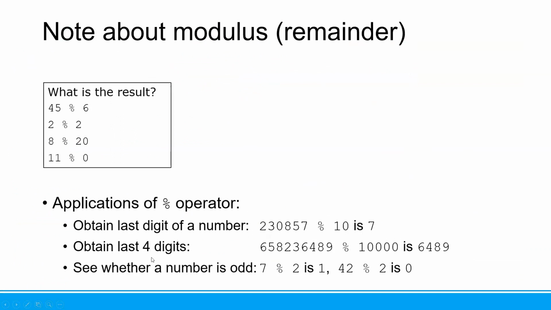If I want to get the last 4 digits, I can take this number remainder 10,000, so I will get this number. Or I want to know whether a number is odd or even. Holsu, chaksu. So I can make a function. If 7 remainder 2 is 1, then it is an odd number. 42 remainder 2 is 0, then it is an even number. Okay.